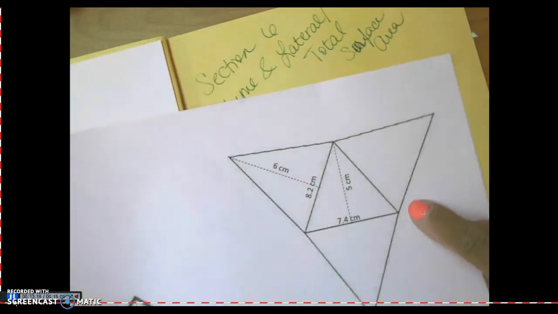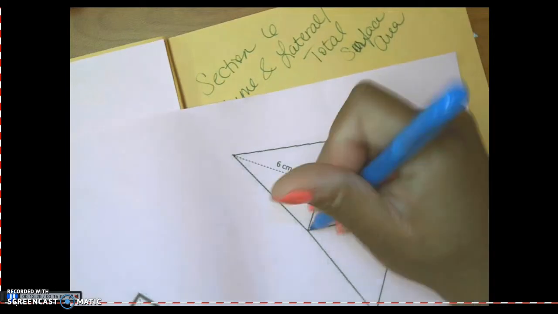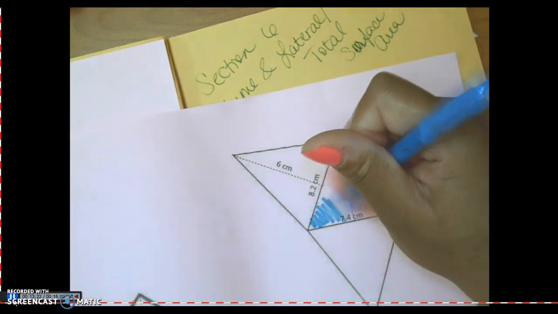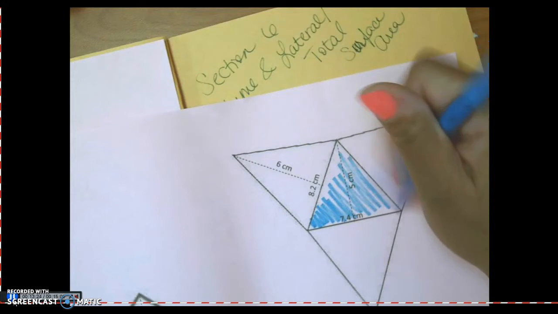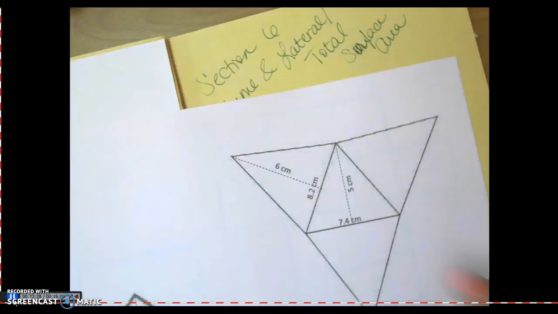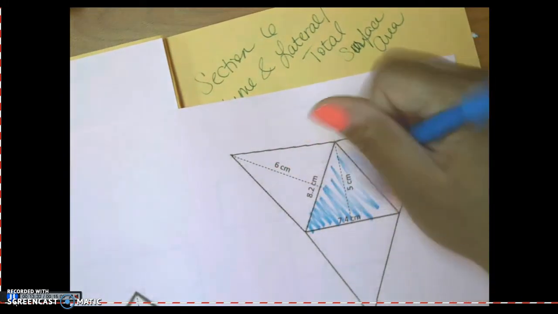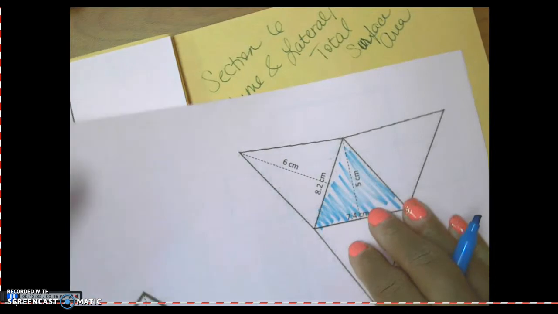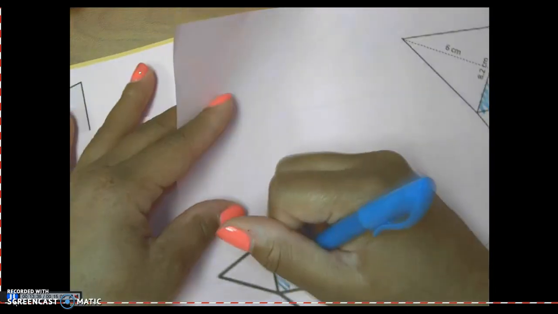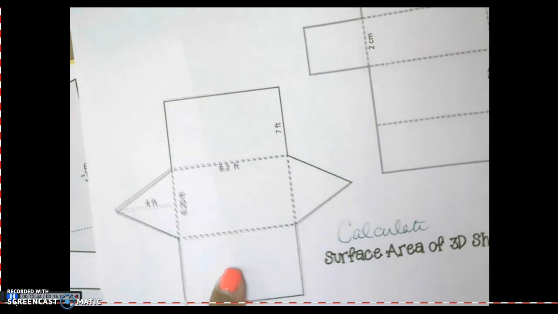What's the base here? Same thing. One second. What are my bases here? Rectangle.